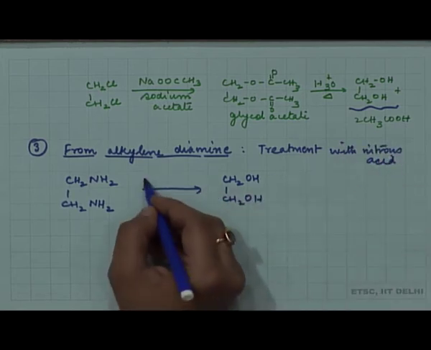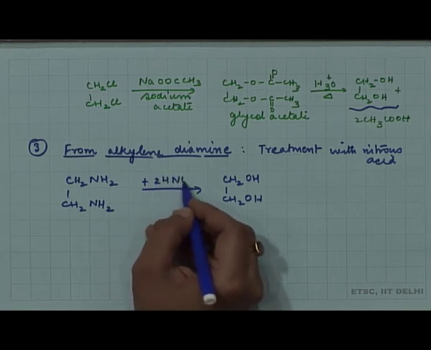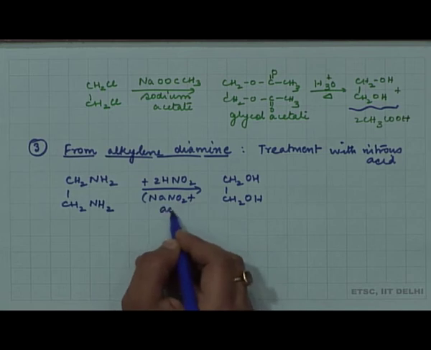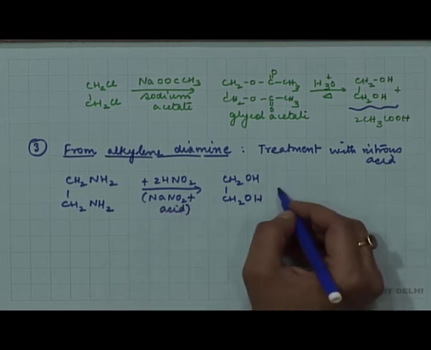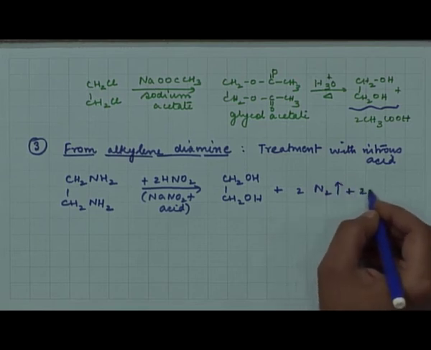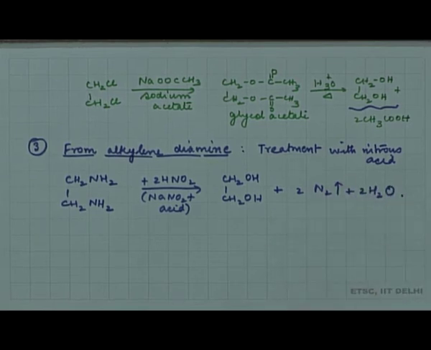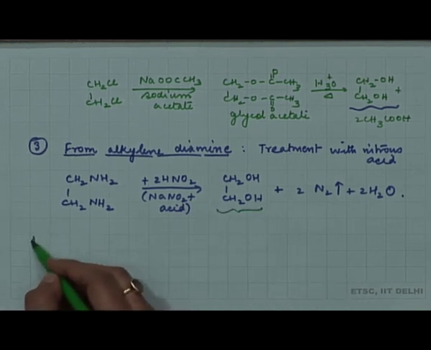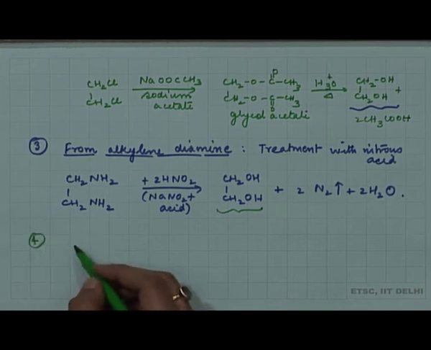You treat it with 2 moles of HNO2, which can be formed from NaNO2 under acidic conditions, and you will get this diol along with release of nitrogen gas and water. So, this is another method for synthesizing the diols starting from alkylene diamine. Another method is, as we did previously also, reduction of the carbonyl compounds to give alcohol, simplest of all.